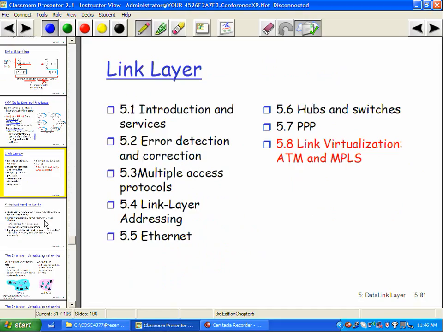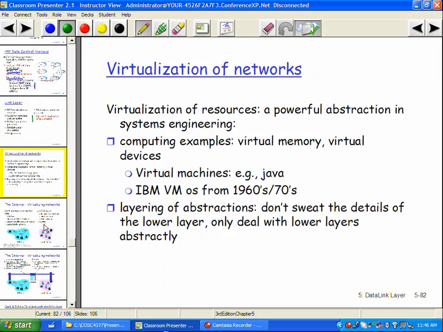Okay, so the next topic is a broad and a general one, and we're not going to study this in a lot of detail, but there are some important issues here that I want to touch on. So this is a very big topic, virtualization.